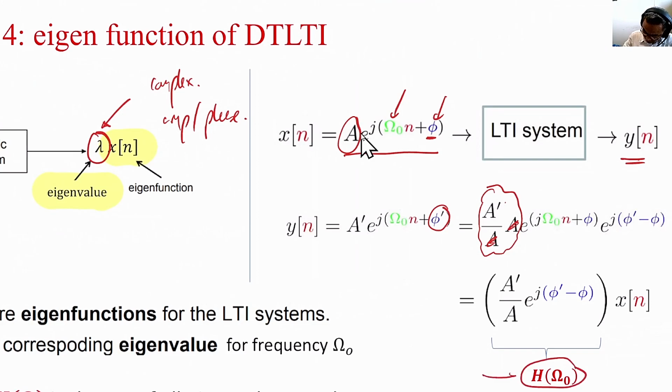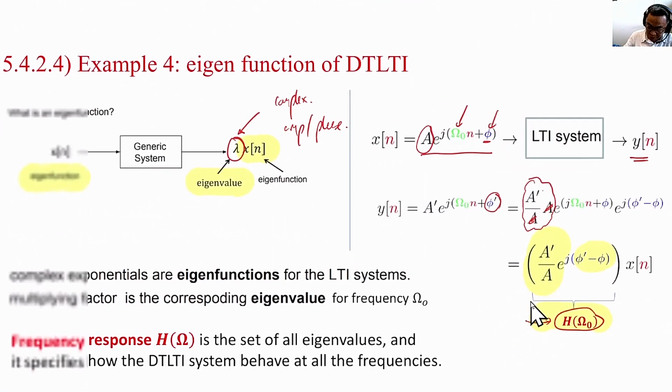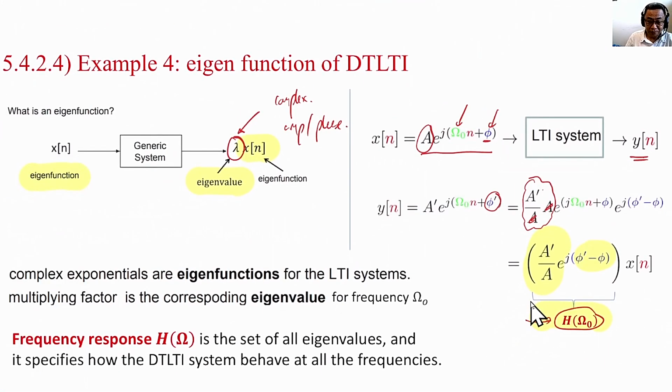So H(z0), this value here, is actually a complex number with a magnitude for the gain and a new phase that will be introduced to the original input signal. Later, when you study Fourier transform, the H, which is now called the transfer function, will be replaced by H(omega), which is called the frequency response.